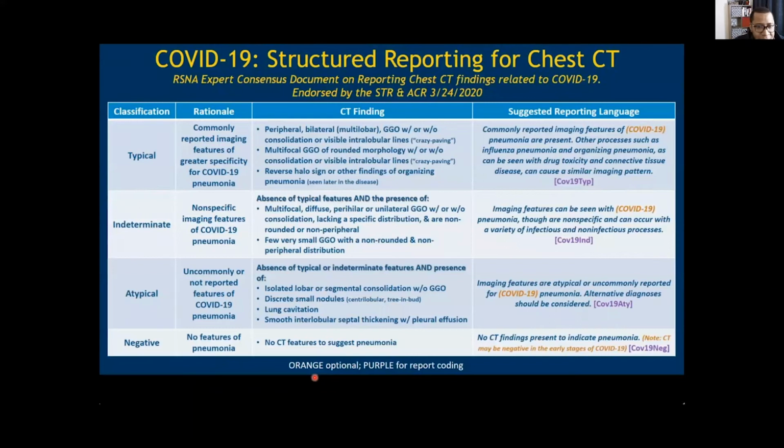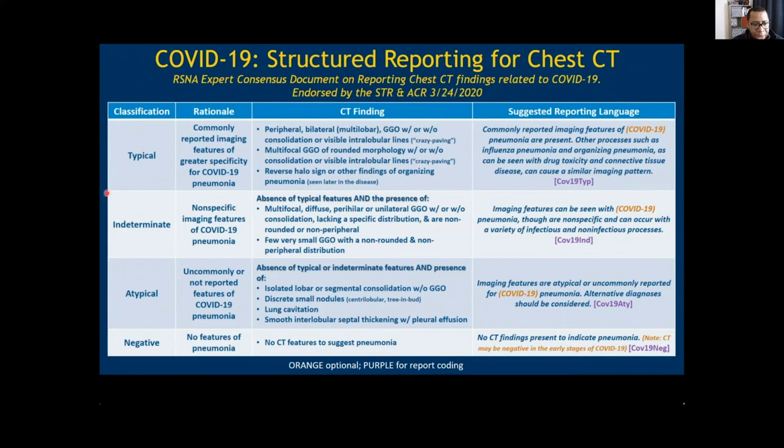So based on this, actually, this study was led by one of my colleagues, Scott Simpson, who provided a lot of the images for this talk. This was documented by the RSNA in the US, also endorsed by the STR and ACR, that came up with a suggested reporting language, right?